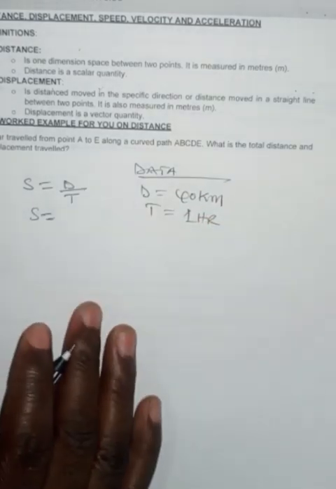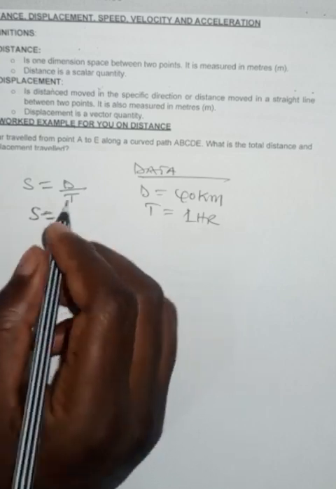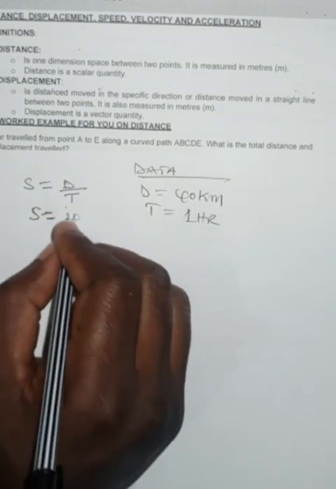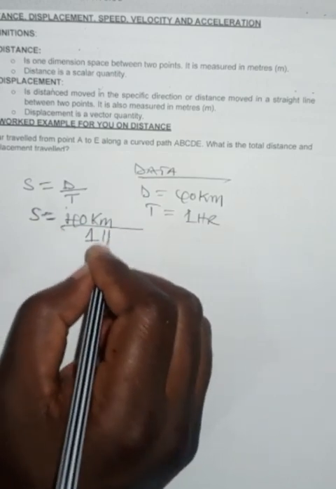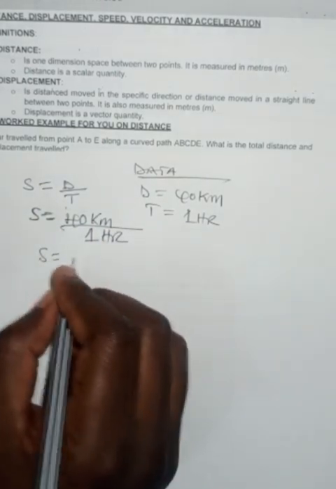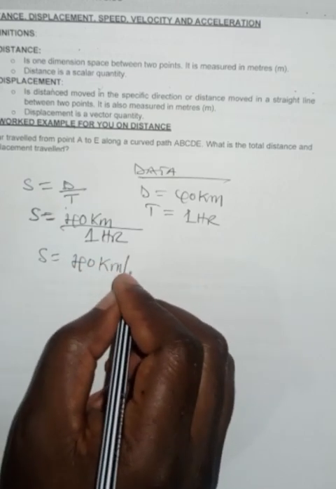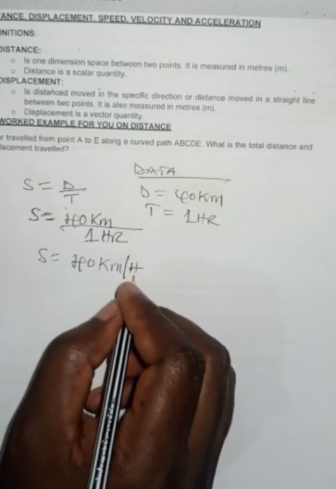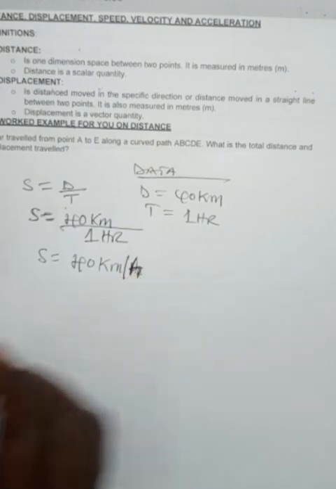So what should we do here? Speed is equal to distance over time. Distance is 40 kilometers over 1 hour, and when you divide, you simply get 40 kilometers per hour. I can even use a small h here. So that's the speed.